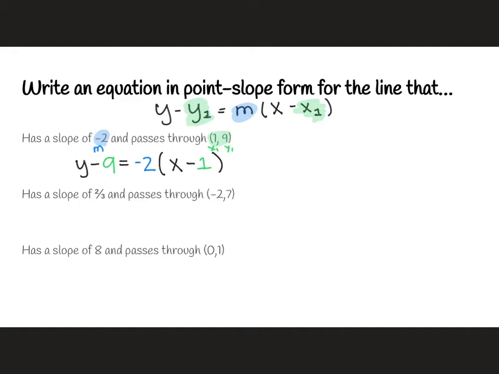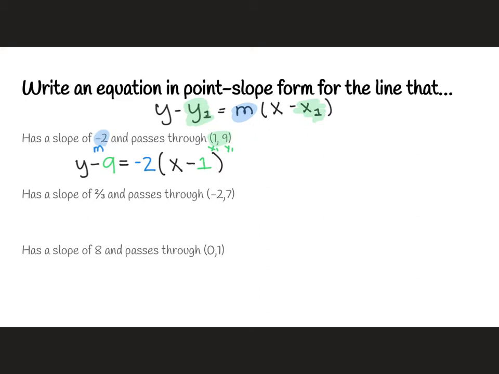It's all nice and color-coded there, and we can see it. We've got y1, x1, and m, and it gave us all those pieces, and we were able to just plug it in, and that's all we need to do with it. That is how we make an equation in point slope form given a slope and a point.